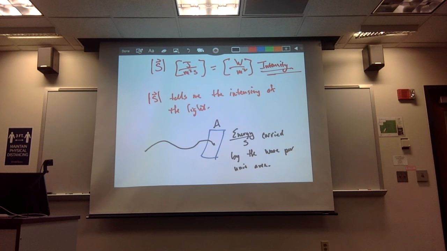What we're going to see is the average, or in this case the RMS value. So for something highly oscillatory, what we see is not technically the magnitude of the Poynting vector, but the average of the magnitude of the Poynting vector.